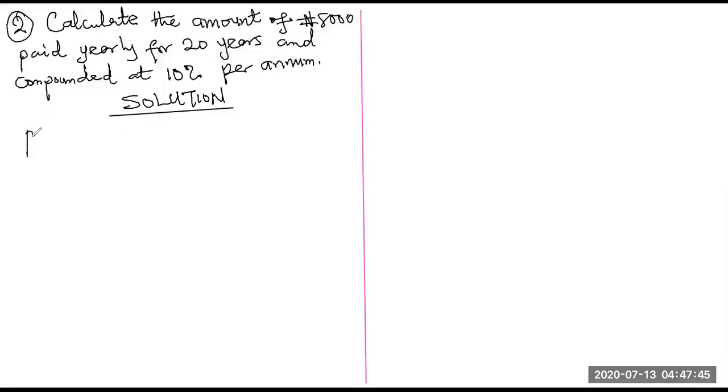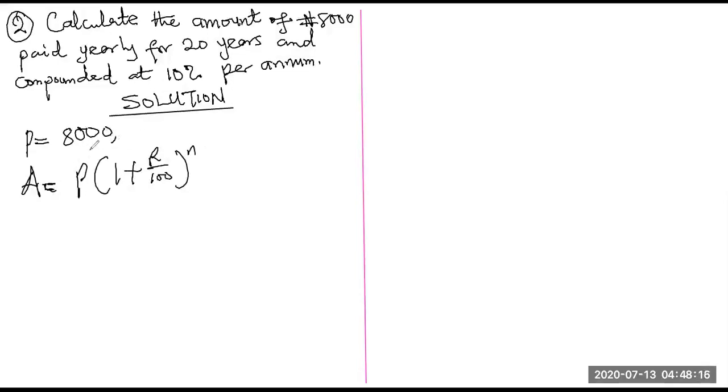Our P, or A if you want, the principal that comes in, because remember we invest it every year, is 8,000 naira. That is what comes in every year. Then of course our n. Now you remember for the annuity, for the first year, if you are using the formula to compound, A is equal to P into 1 plus R over 100, raised to power n.